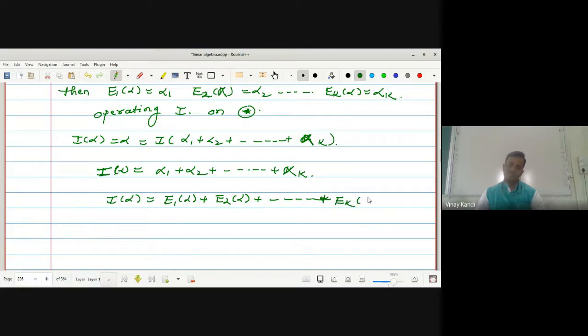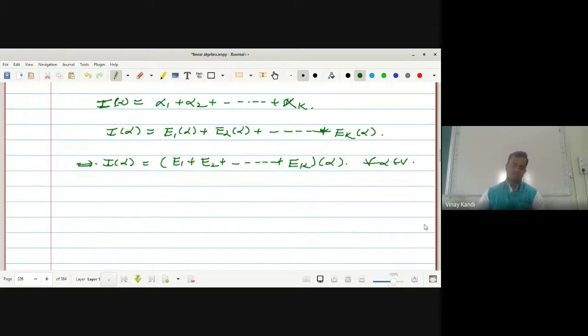EK of alpha. That implies I of alpha is equal to E1 plus E2 plus up to so on EK of alpha, for all alpha belongs to V. So that is, this I is equal to E1 plus E2 plus up to so on EK. Any doubt?